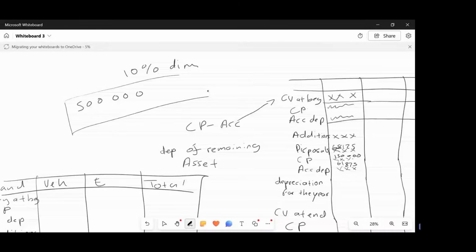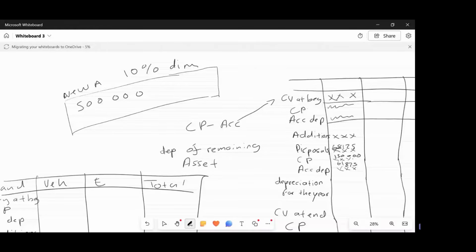So now we have three types of assets, at which we'll now say 500,000 minus 130,000. And then also on accumulated depreciation, we will remove the accumulated depreciation of this asset we sold, because that accumulated depreciation is no longer part of the assets that we now have in the business.